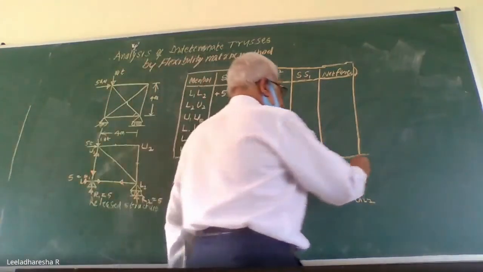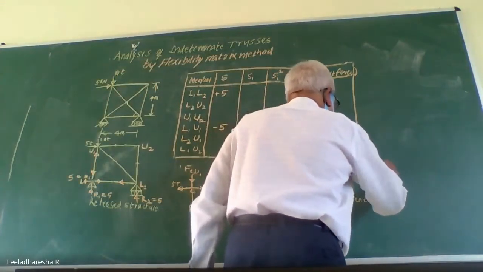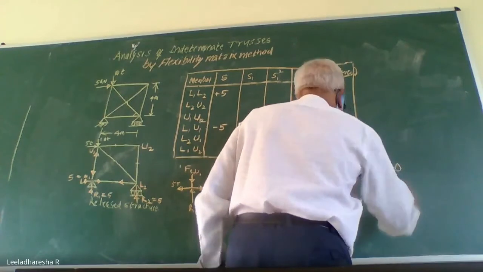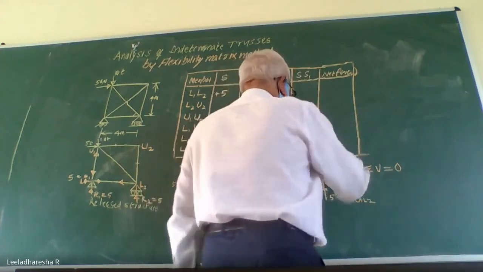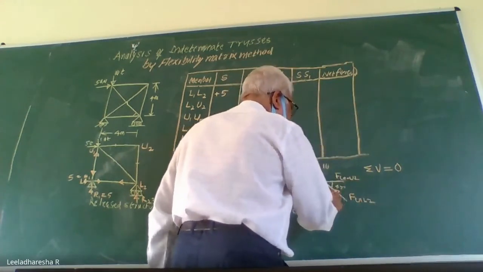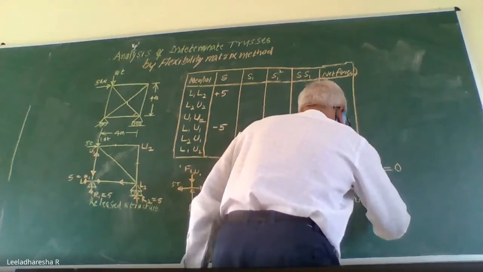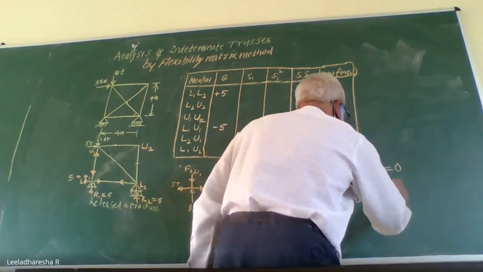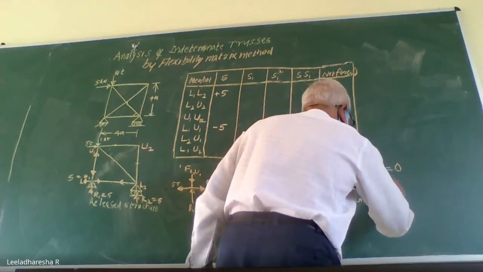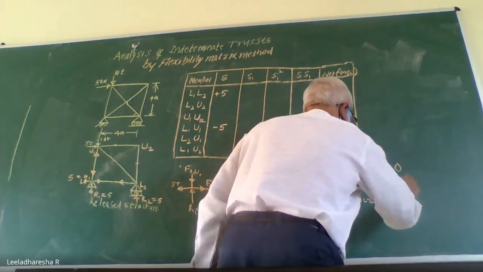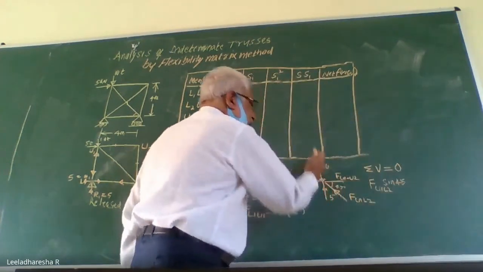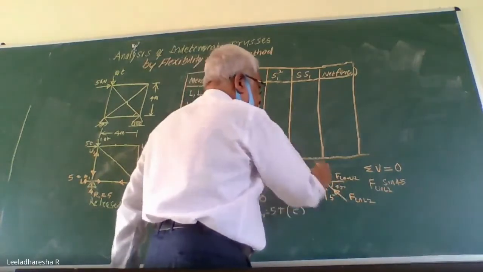Now let us apply first sigma V equal to 0. So now F U1 L2 sine of 45. Resolve this force in vertical direction, it moves upward.